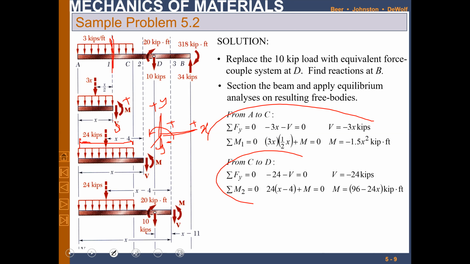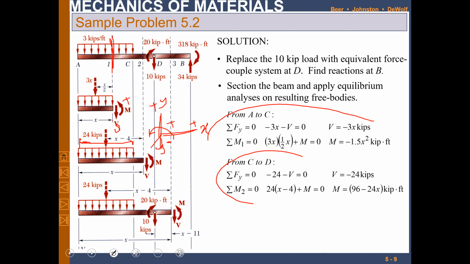And what will happen now? We are going from left to right, right? So x will be the total distance of the section. X will be the section, and this x minus 4 will be the distance of the 24 kips from the section.